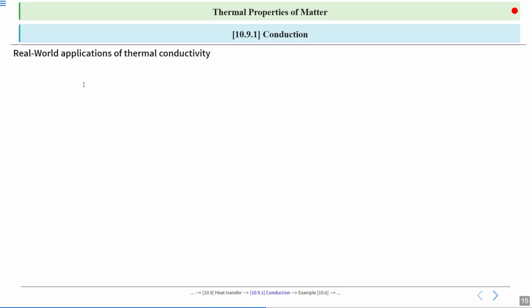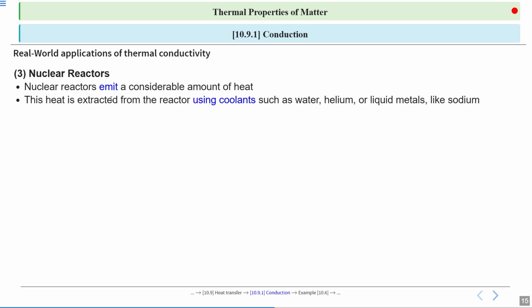Real world applications of thermal conductivity. Third is nuclear reactors. Nuclear reactors emit a considerable amount of heat. This heat is extracted from the reactor using coolants such as water, helium, or liquid metals like sodium.